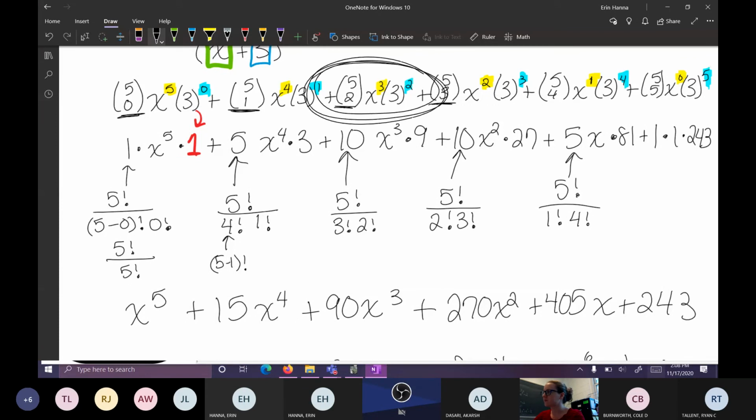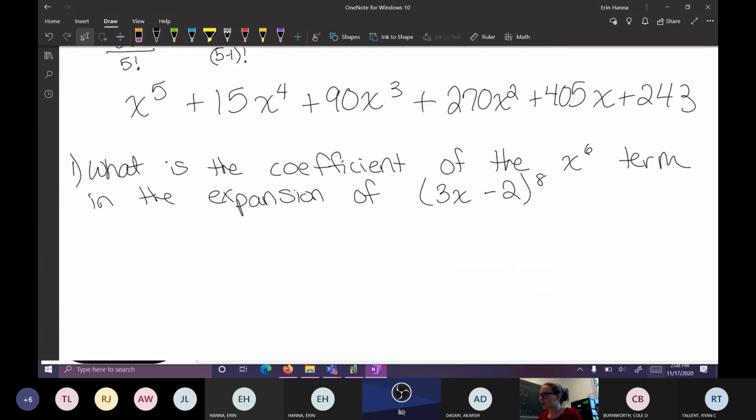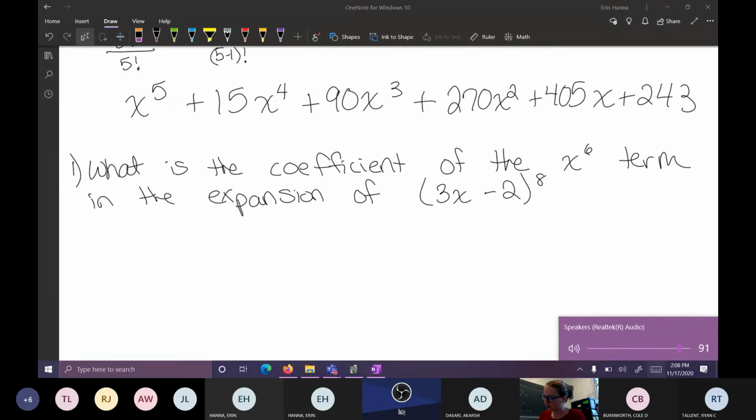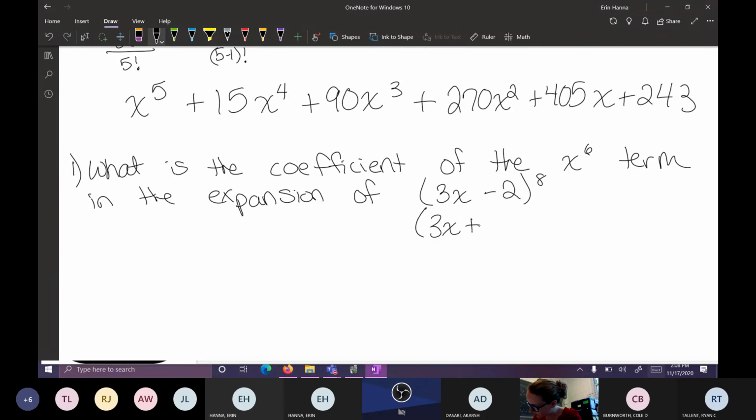So one thing is that it always has to be a plus b. So we should think about this as 3x plus negative 2 to the 8th.